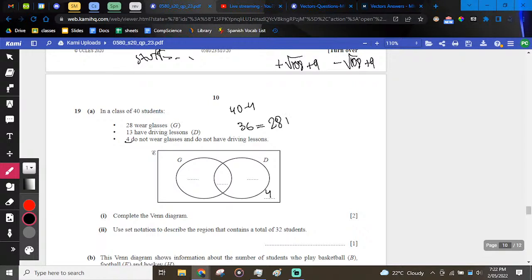28 minus x. X is the value in the middle, because both of them agree with it. Maths, go! What's 28 plus 13? 41.